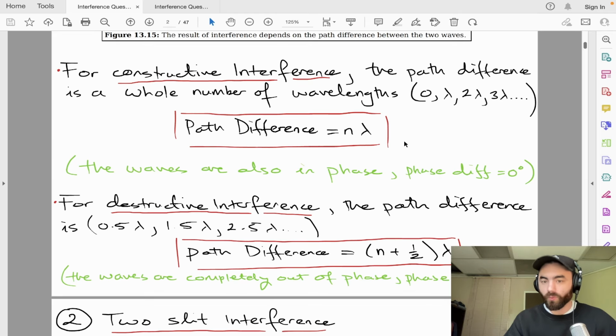And if it's 0, 1, 2, 3 wavelengths, they're constructively interfering.